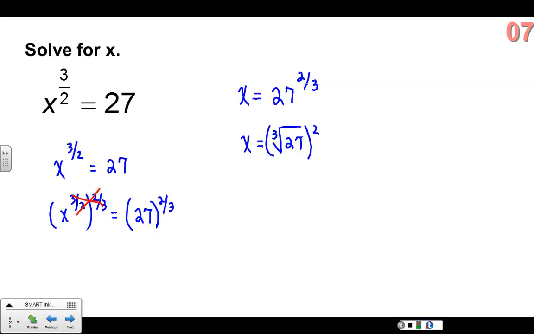Cube root and then the exponent. So x is equal to, the cube root of 27 we know is 3, and then that's squared, so x is equal to 9. We could plug that answer in and check that into your original equation. 9 to the 3/2, the square root of 9 is 3, and then 3 to the 3rd would give us 27.